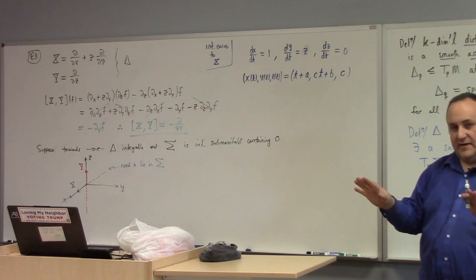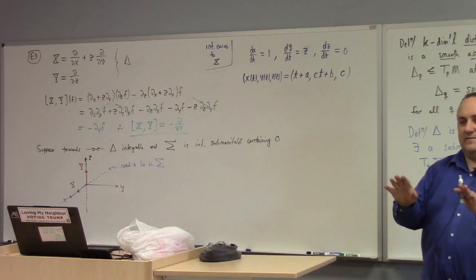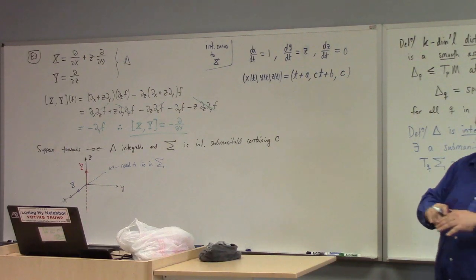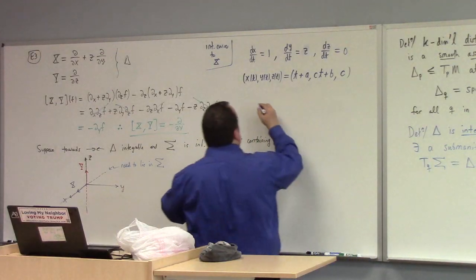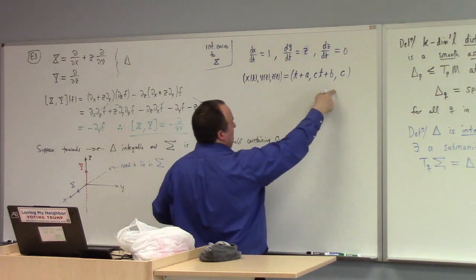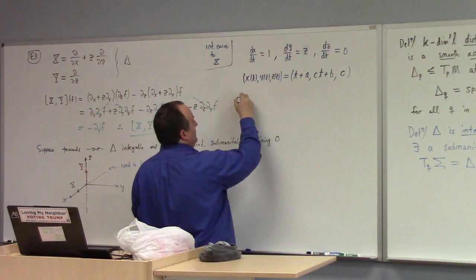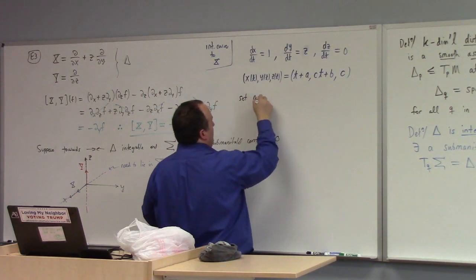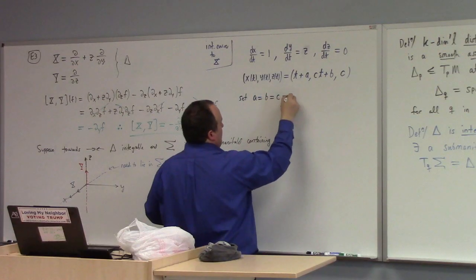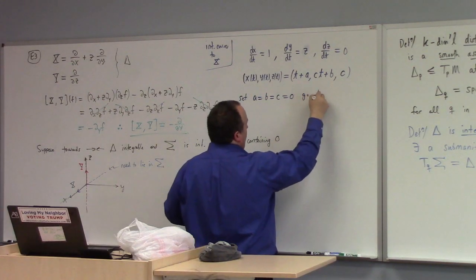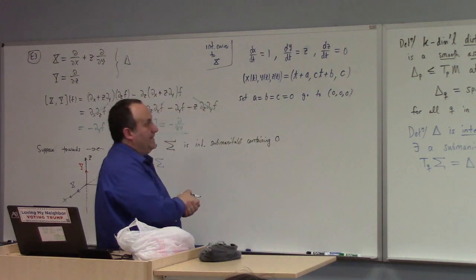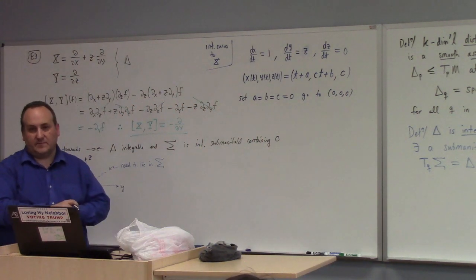So this calculation right here doesn't have anything to do directly with the origin. That's just the integral curves to x. But now we can find the integral curve to x that goes through the origin. If we want to go through the origin, what do we need to do? I think we have to put a equals b equals c equals 0 to go through 0, 0, 0, at least at time 0.